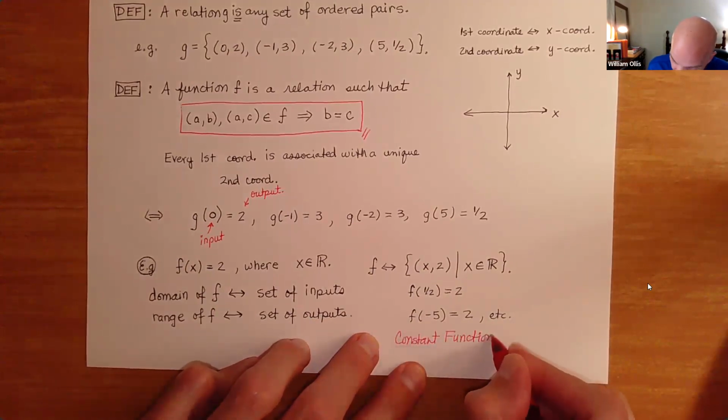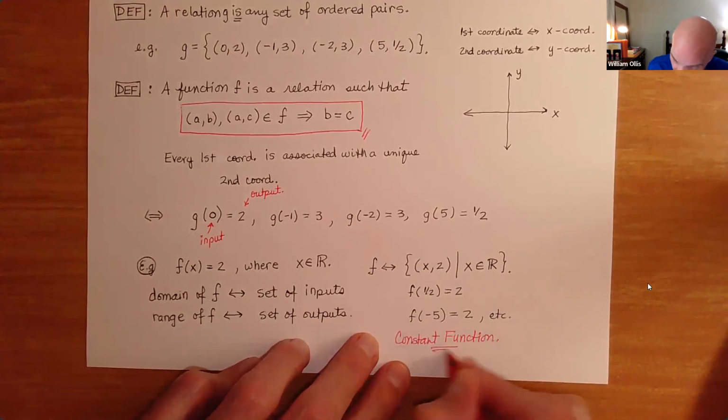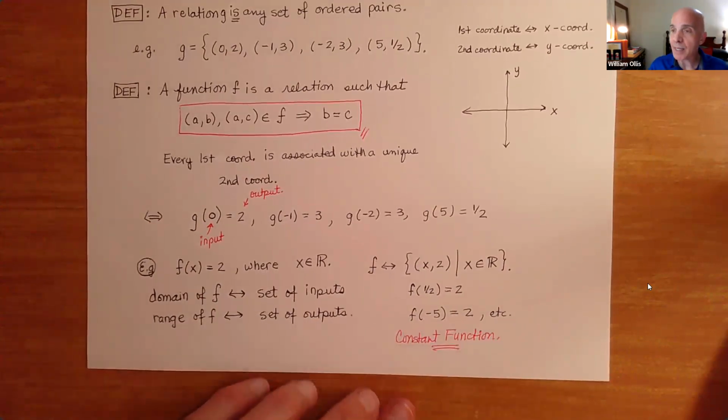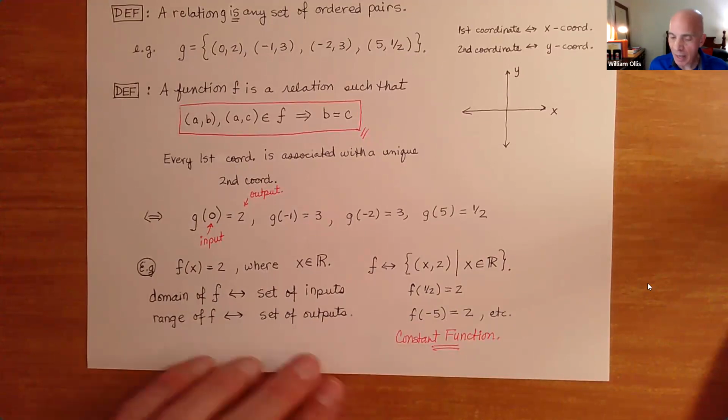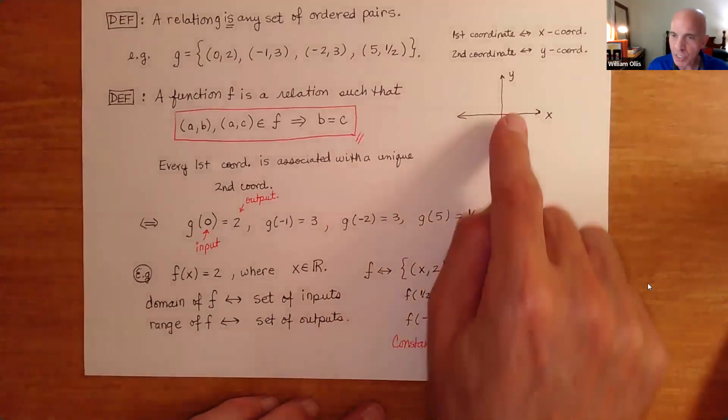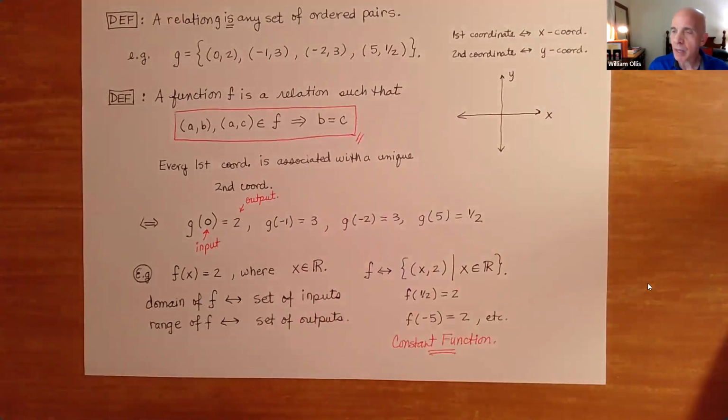In the sense that the output for every input is the same. And then if you think about the Cartesian coordinate system, you think, well, that graph, if we were to plot the points, that would be a very, very simple graph. Let's think about that.